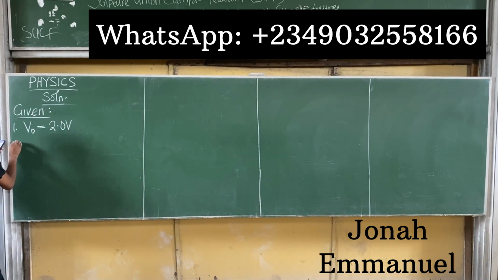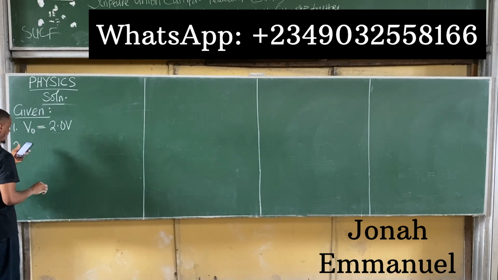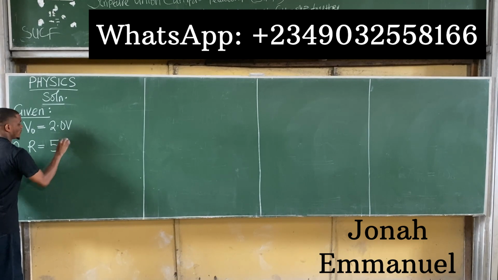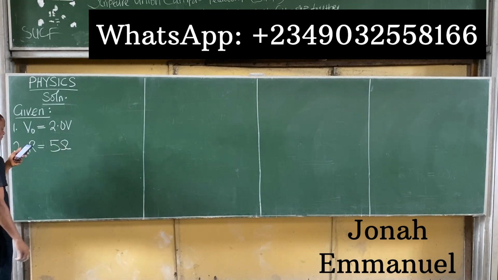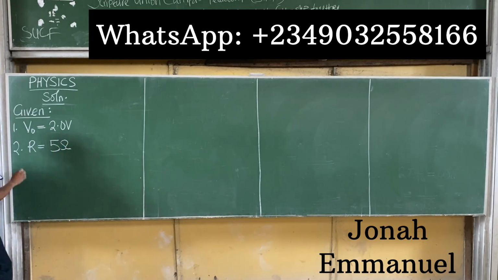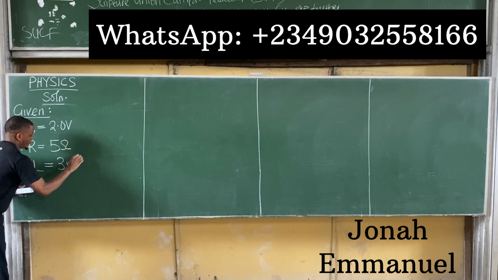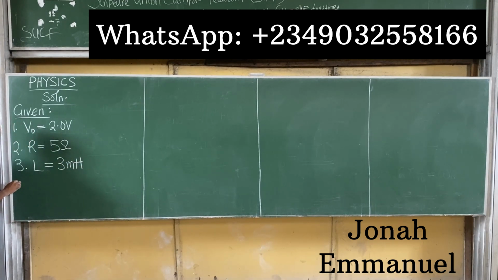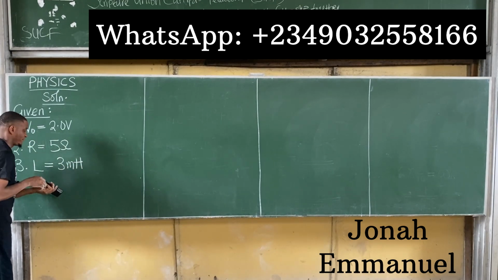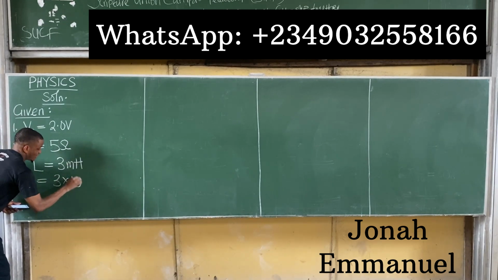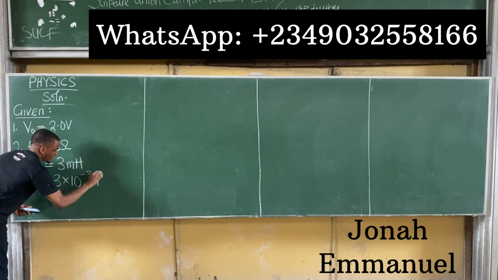They said the resistance in the circuit is 5 ohms, so our resistance is equal to 5 ohms, okay? And the inductance and capacitance, number 3, inductance is L. The value is about 3 millihenry. Let me do a conversion for this very fast. This will be equal to 3 times 10 to the power minus 3 henry.